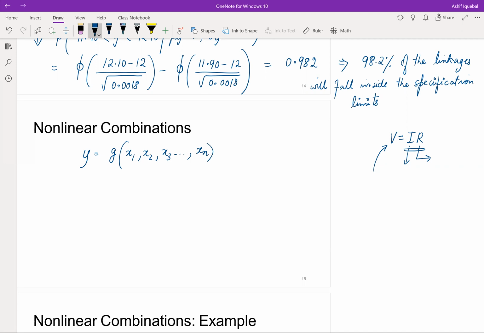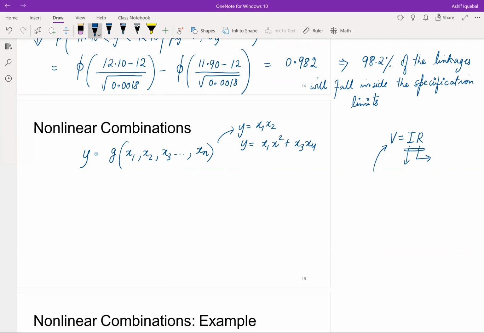There could be a lot of examples. One example is y equals x1 times x2, which we just saw. You could also have y equals x1 times x2 square plus x3 times x4. You can have a bunch of different types of combinations depending on what the application is, right?